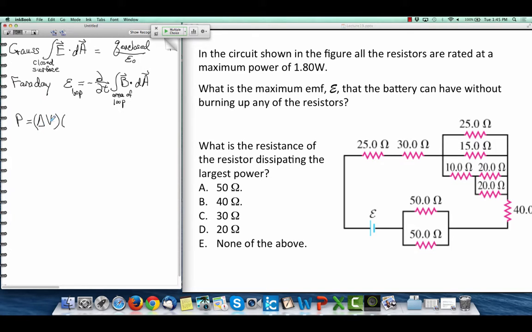That's how much energy per charge I put in, or took out. And then the current through it, because that's charge per unit time. So if I have the energy per charge, the voltage, times the amount of charge per unit time, then I have the energy per unit time that I'm either putting in or taking out of the circuit.